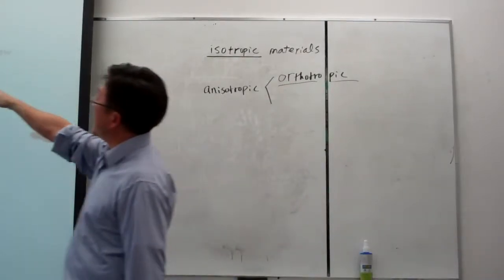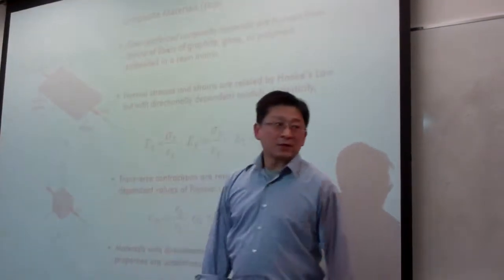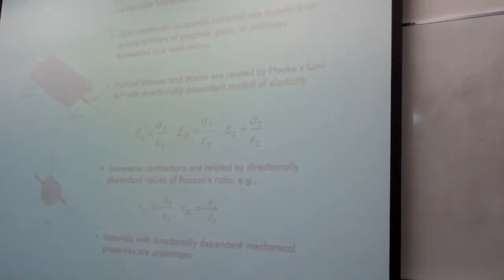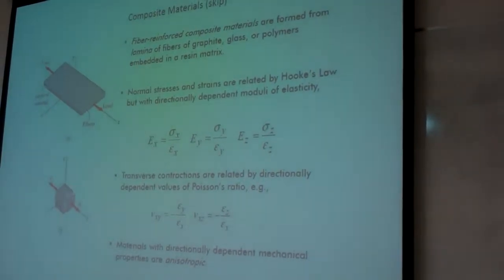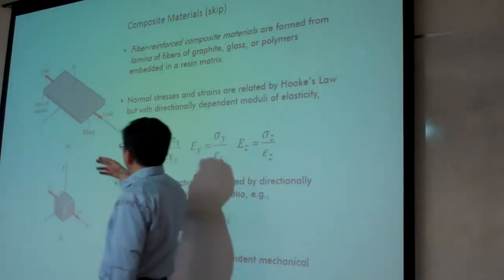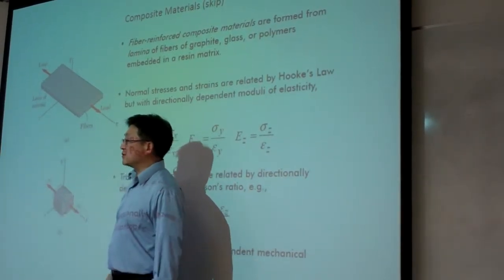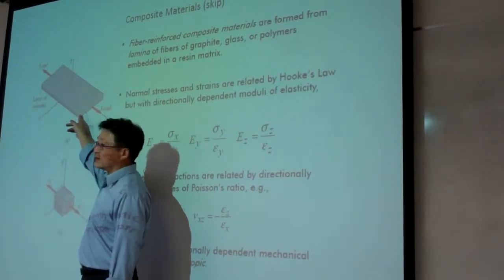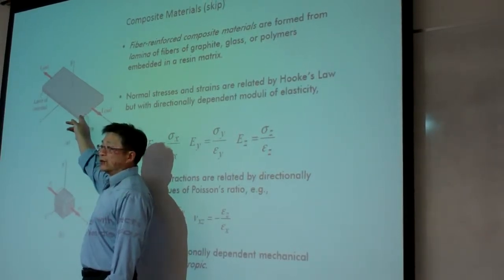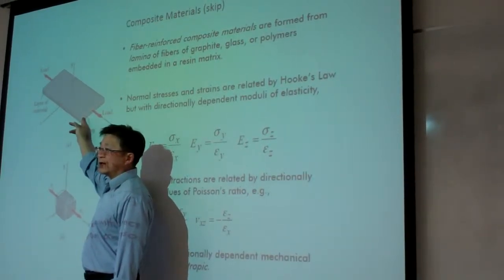For composite material like this, for example in civil engineering, you make concrete. Before you make the concrete, you put in steel bars to enhance the structure. That is one good example of a composite, or fibers.